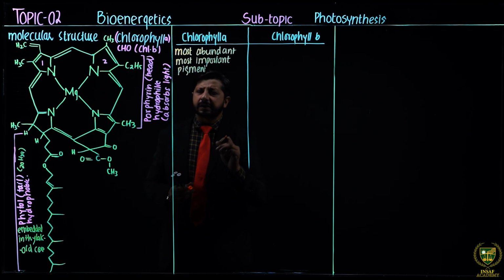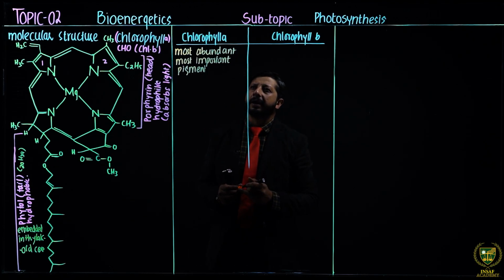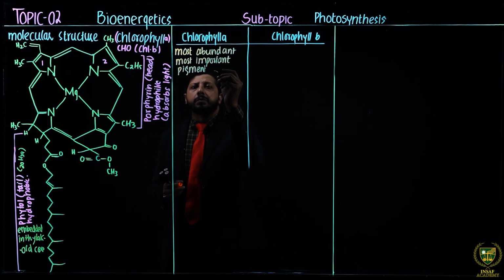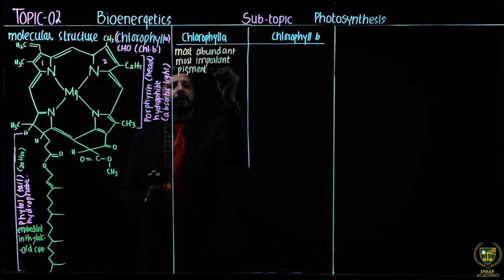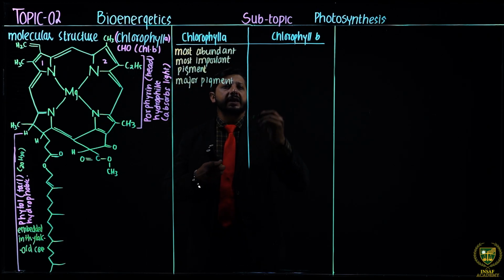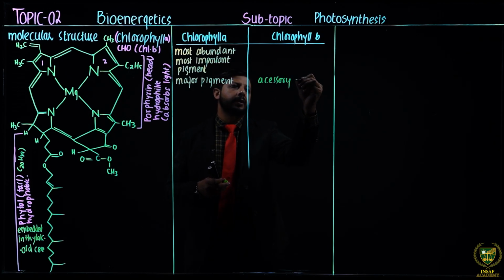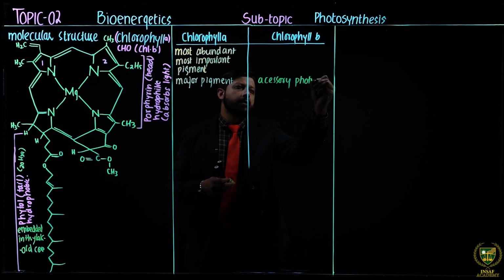Among all the photosynthetic pigments, chlorophyll A is the major pigment, meaning the major photosynthetic pigment. Clear? While chlorophyll B is the accessory photopigment.